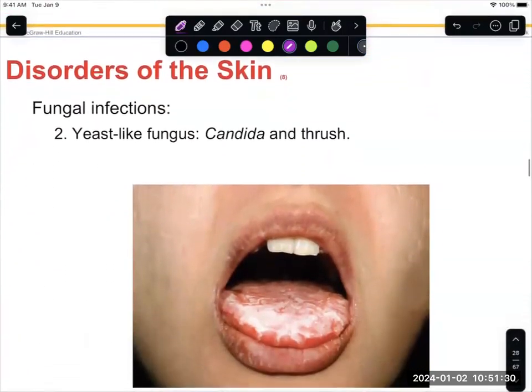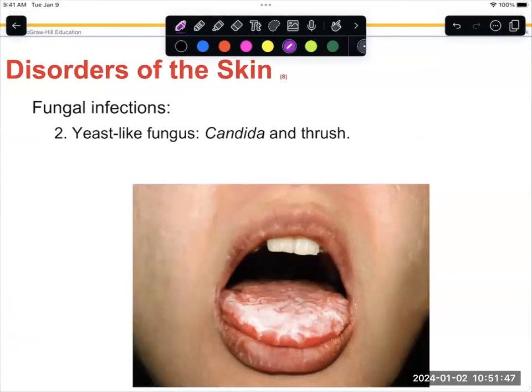Candida or thrush is also a fungal disorder of the skin. Candida can cause recurrent infections. A recurrent infection caused by Candida is this thrush.